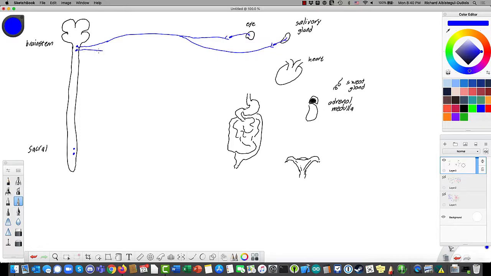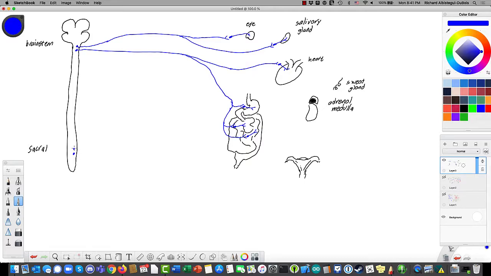Salivary glands. These are not actually meant to be strictly anatomical here. There's our heart. And here we have that vagus nerve, which is heading down and innervating the postganglionic cells for a lot of the organs down here.